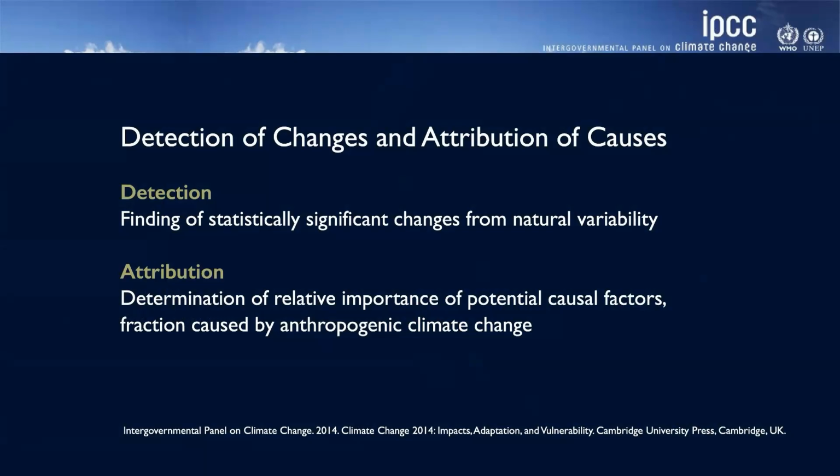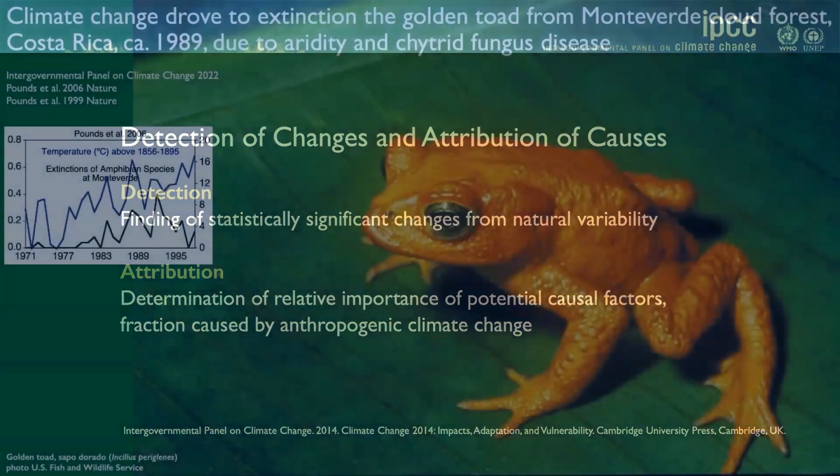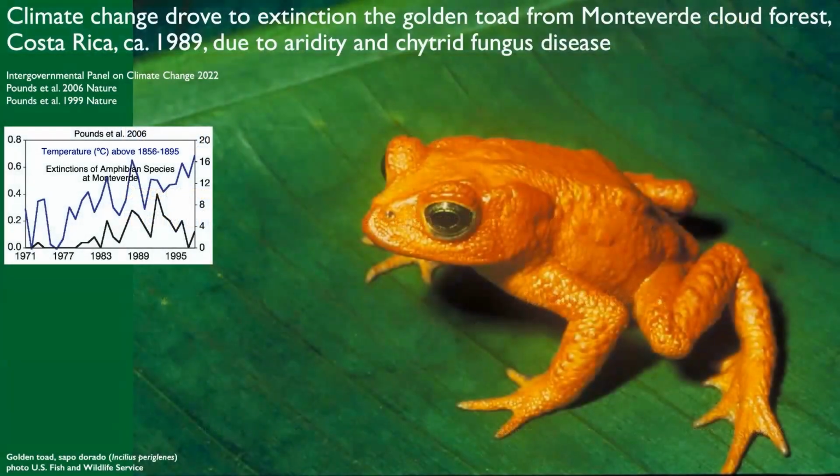And then attribution is examining the potential causes and determining that anthropogenic climate change dominates other non-climate change factors. A lot of methods for this. We don't have time. Tomorrow I'll talk in the next seminar about some of the attribution for wildfire. But anyway, all of the examples have gone through these. We can say anthropogenic climate change has caused these impacts.